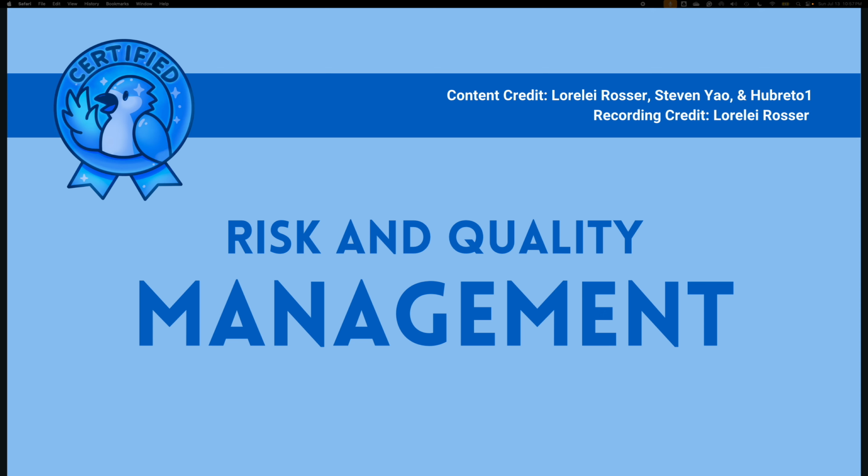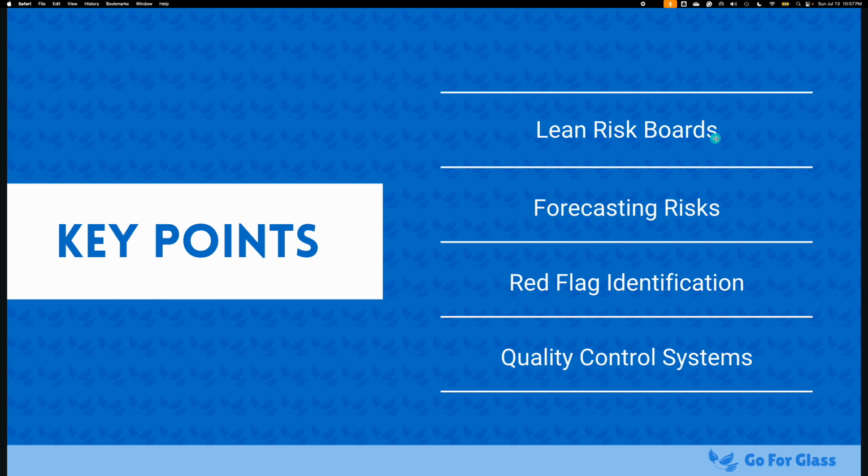So let's get started. We have so many different things that fall into risk and quality management, but for the sake of time, we had to pick the 4 biggest ones that we see in DECA mentoring. Primarily, these 4 are the ones that most students have ended up using.